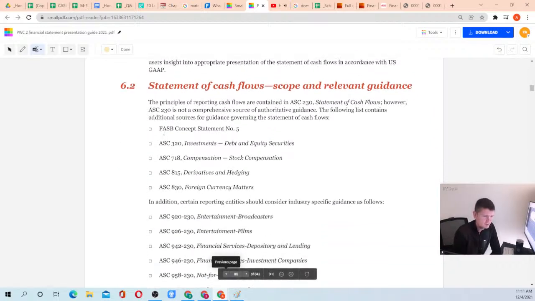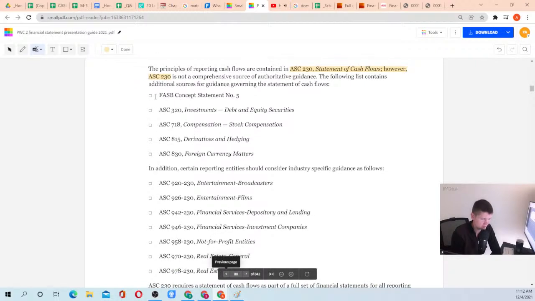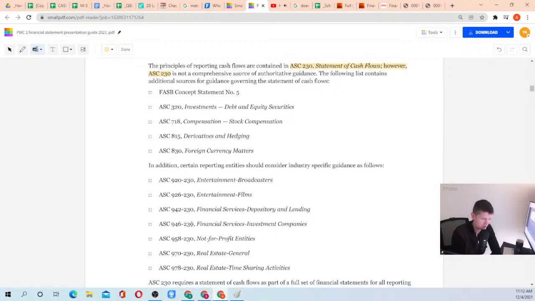Okay, so basically our main source of the authoritative guidance is ASC 230, Statement of Cash Flows. However, in some difficult circumstances, we might need to read additional guidance.